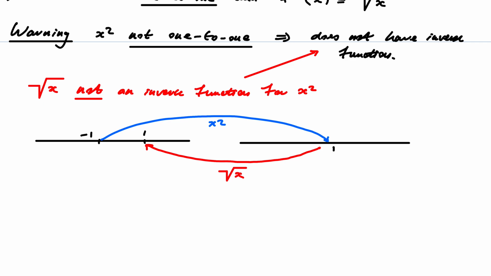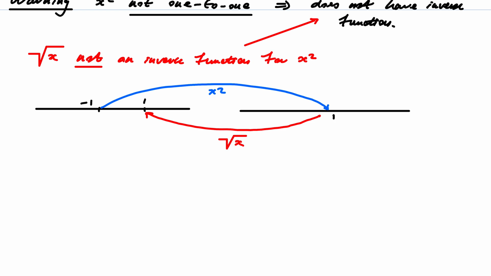So that's no good. In terms of the cancellation property failing, what it's basically saying is the following. If I was to do -1 squared and then I do the square root, this is me really doing it numerically, the square root of this is equal to 1. That's not equal to -1, which is what you need, right? The cancellation property says you get back to the same start point.